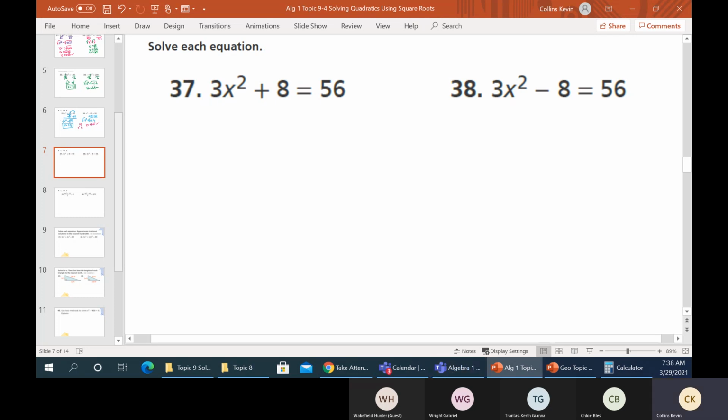Yeah, standard stuff, right? So we go minus 8 and minus 8. Cool. These go away, so now I've got 3x squared equals 56 minus 8, which is what, 48?